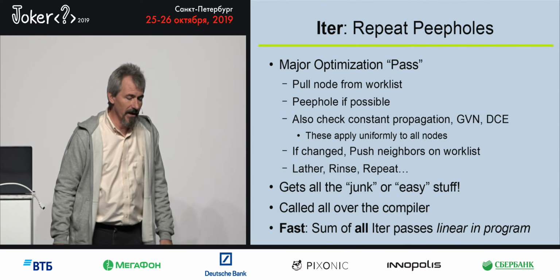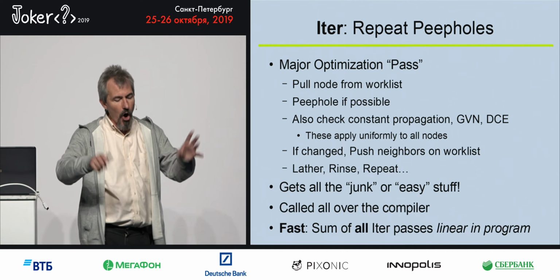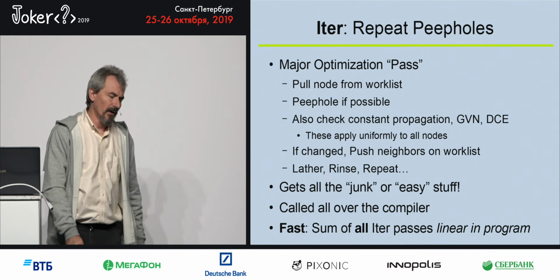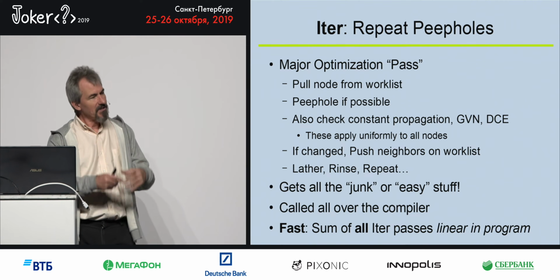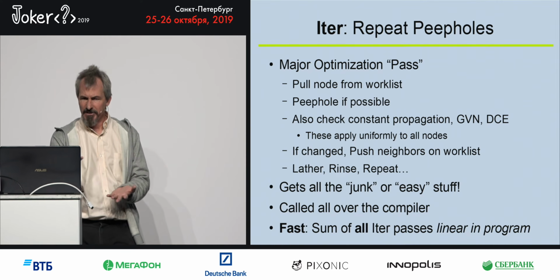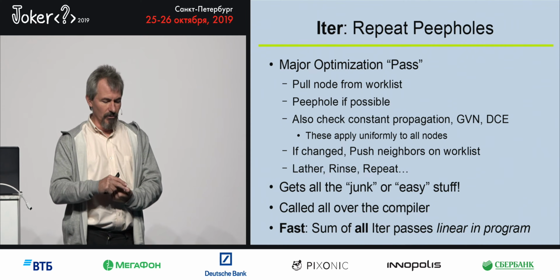Iter, as I said, was a major optimization pass. I call it a pass because it's actually called many times, but effectively the cost is one pass. You pull a node from a work list, you do peepholes if possible, and you do a bunch of things that are common to all nodes, including constant prop, global value numbering, common sub-expression elimination, dead code elimination, and then you push neighbors.